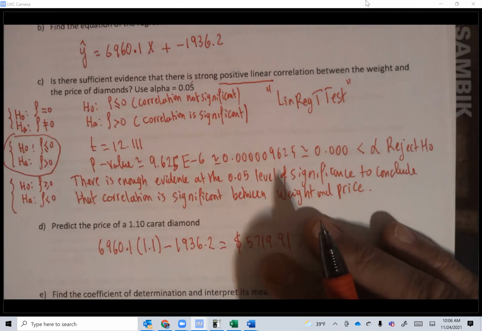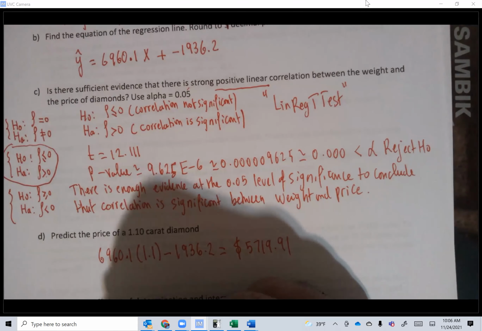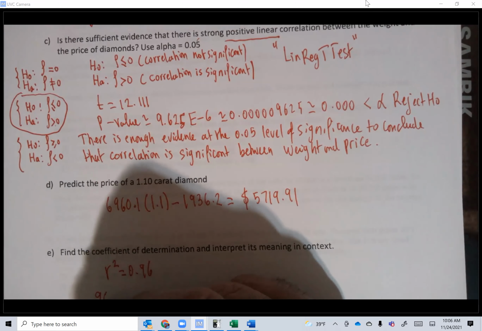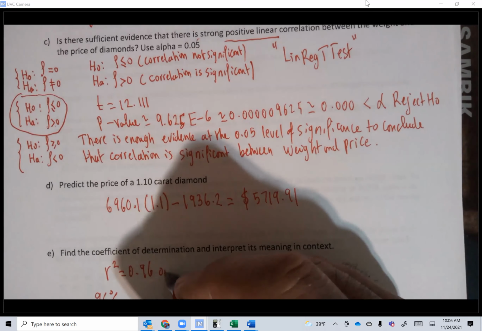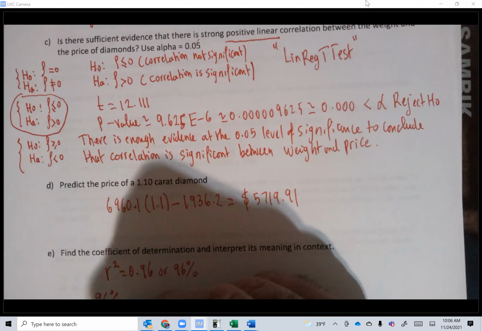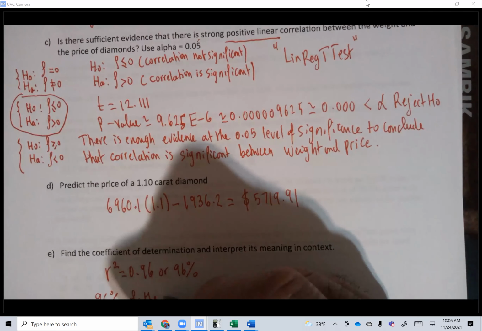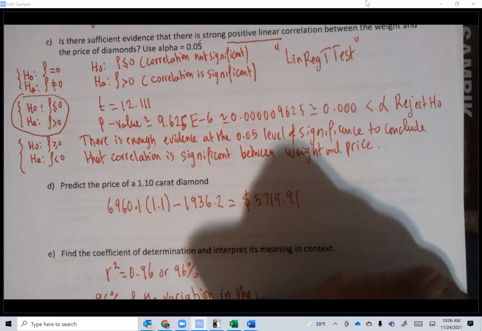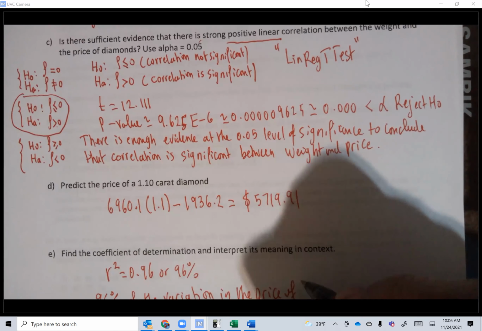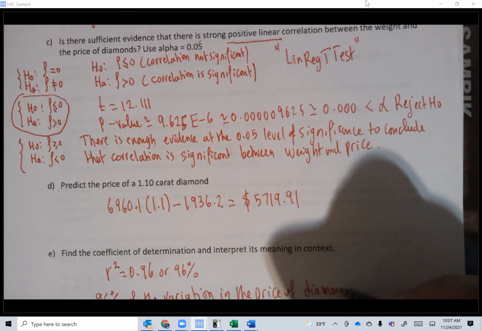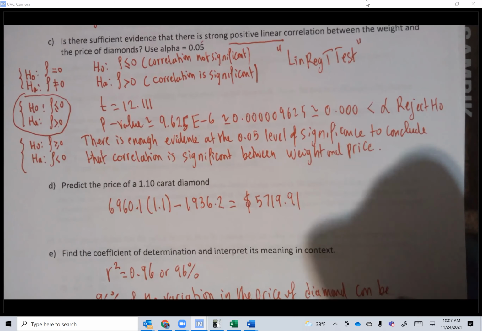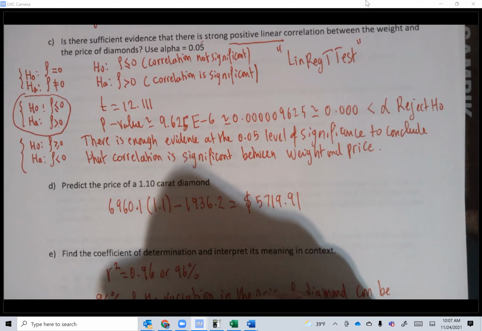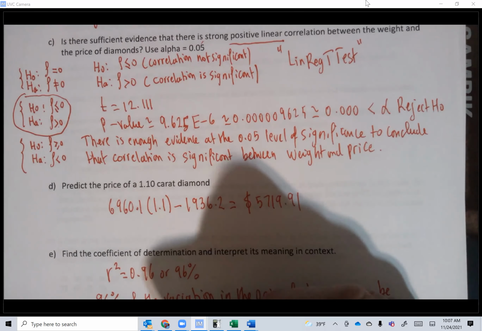Okay. Here's how you interpret its meaning. Pay attention to this. You say 96%, you change it to a percent, of the variation in the price of diamond can be explained by the variation in the weight.